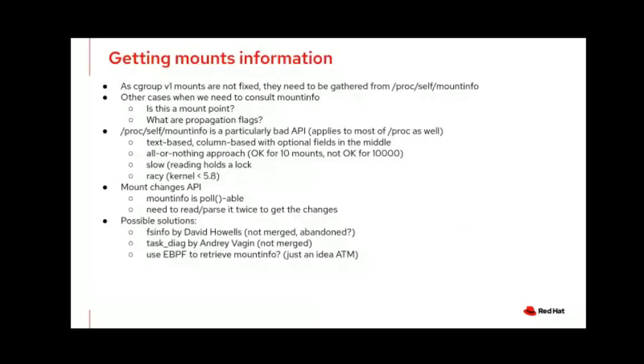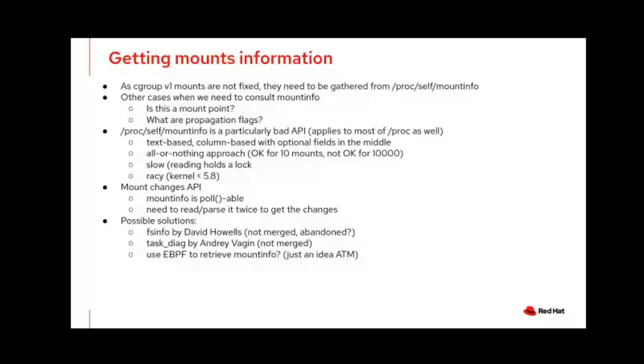Never mind. Sorry. Continue. Okay, so this is more about the lack of a kernel feature rather than a kernel feature. There's still one problem I came across when working with runc, which is getting mounts information.